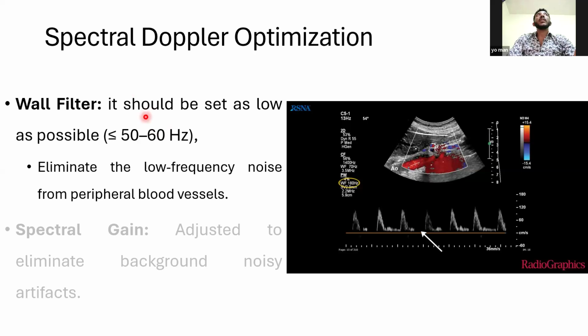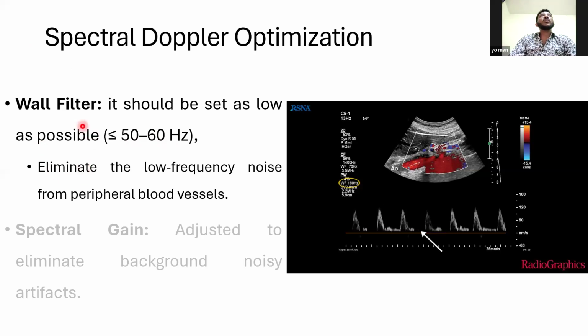Then it's really recommended to place the wall filter less than 50, up to 60 Hz, to try not to lose any important findings.